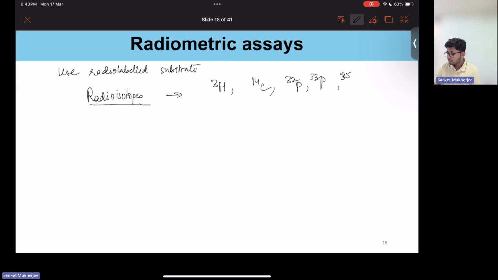These are all radiolabeled isotopes, or 125I, which is iodine, a radiolabeled isotope. If they are introduced, you can measure this, and they are highly sensitive and specific. And it is used for high throughput screening.